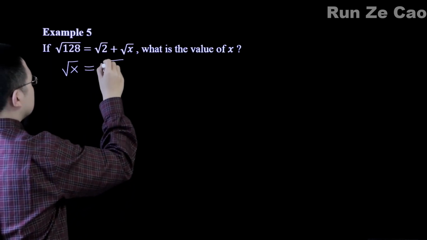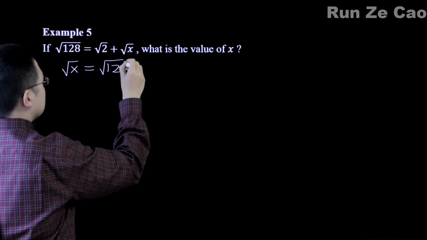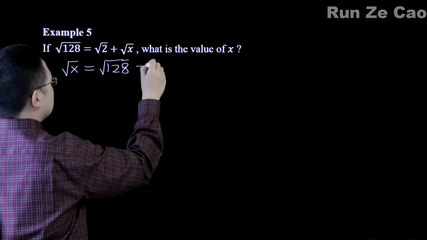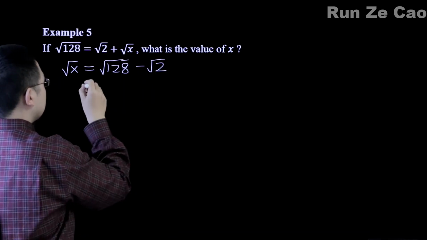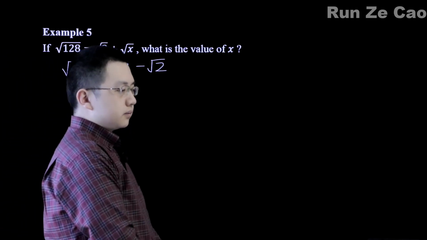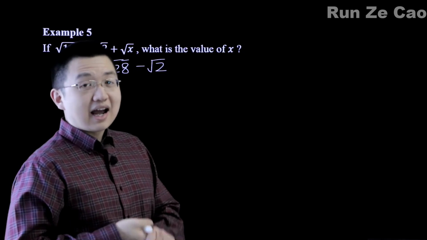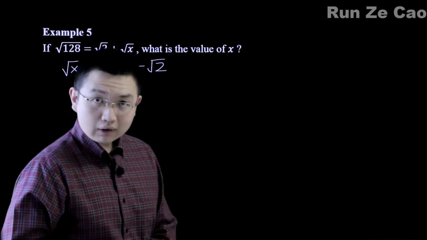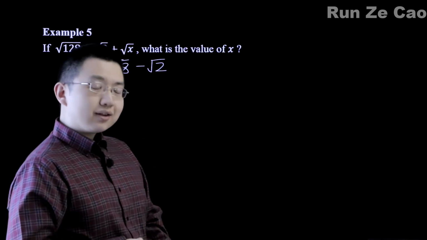Root x equals root 128 minus root 2. What is root of 128? Well, we know that 8 times 8 is 64. And what is twice of that?